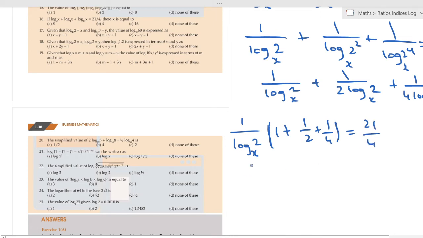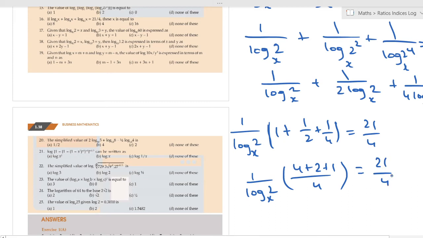We take the LCM: 1 by 4 log 2 to the base x times (4 plus 2 plus 1) equals 21 by 4. The 4 and 4 get cancelled. 1 by log 2 to the base x times 7 equals 21, so 7 ones are 7, 7 threes are 21.